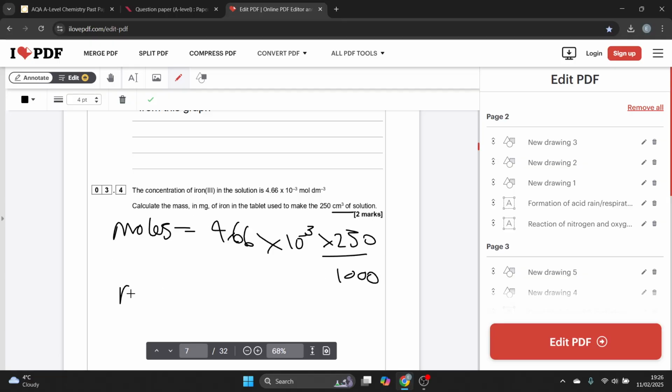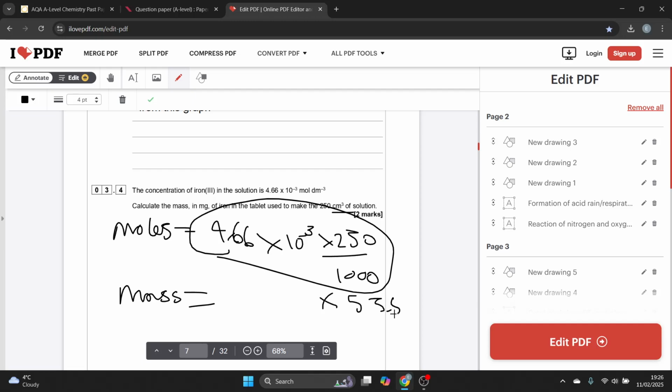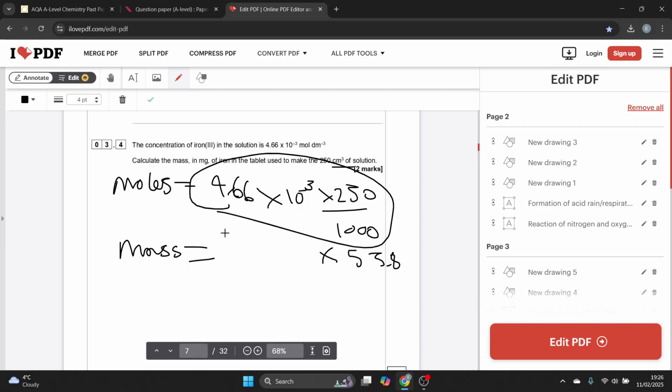Moles into mass: mass equals the moles times the Mr of iron, which is 55.8. So it's going to be 4.66 times 10 to the power minus 3 times 250 divided by 1000 times 55.8, and you get 0.0650 grams.